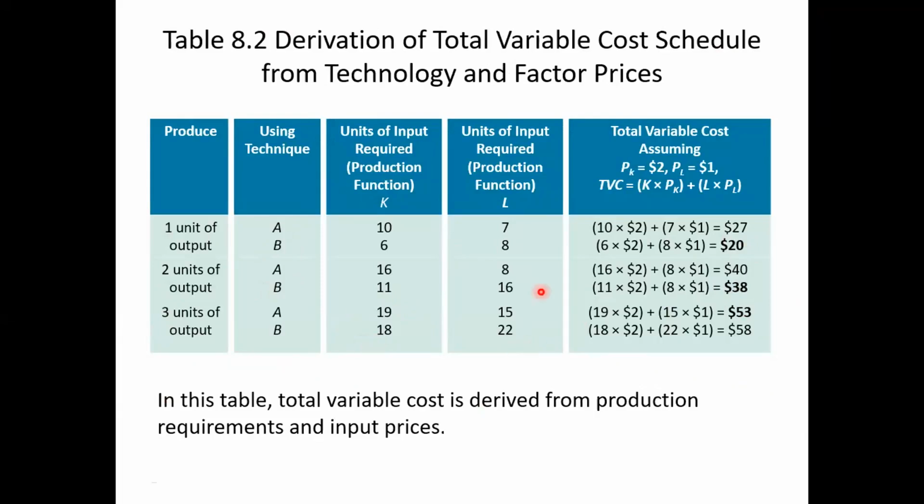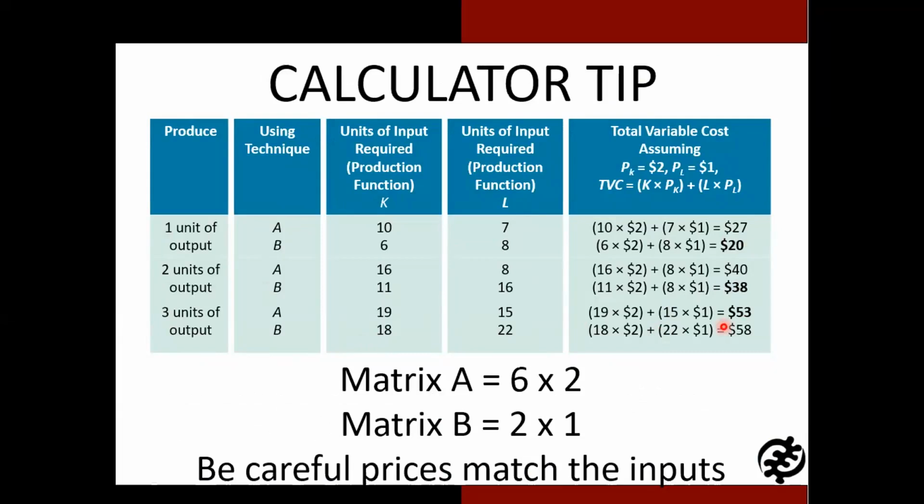So be prepared on an exam, guys, to face a table like this, and you're going to have to do these calculations. Now, for those of you who are totally zen with your calculator, matrices are your friends here. It'll save you from making mistakes. Your first matrix is a 6 by 2. It's basically this data you punch in. The second matrix is a 2 by 1. It's these two, the $2 and $1 here.